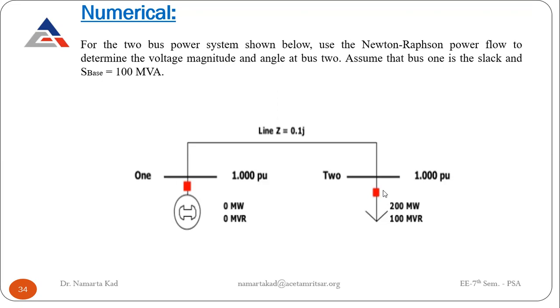Assume that bus 1 is a slack bus, and the base value is given as 100 MVA. The line impedance is also given in the diagram, Z equals 0.1j. The load is 200 megawatt and 100 MVAR.